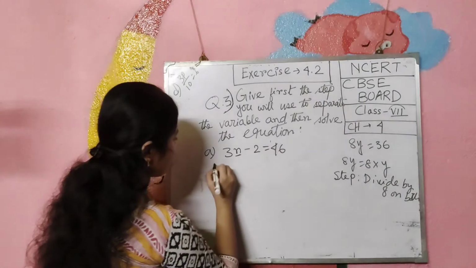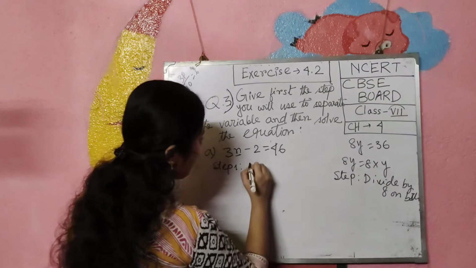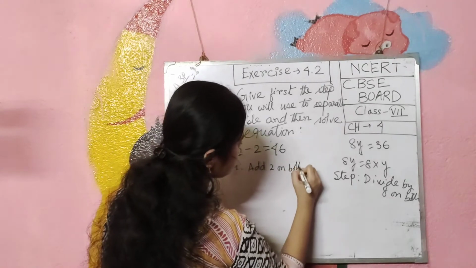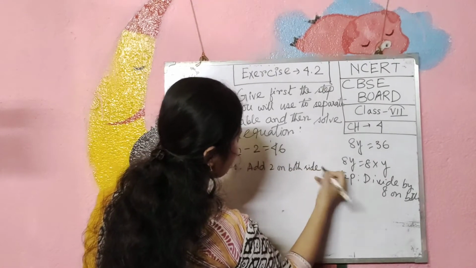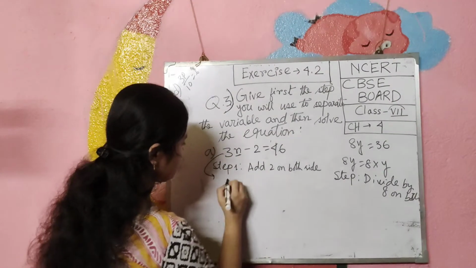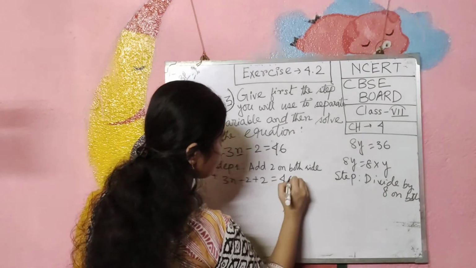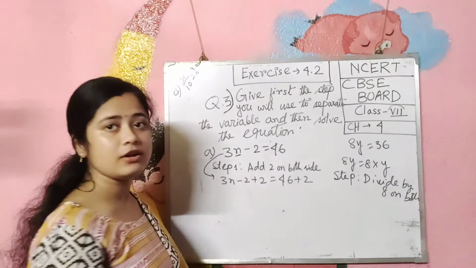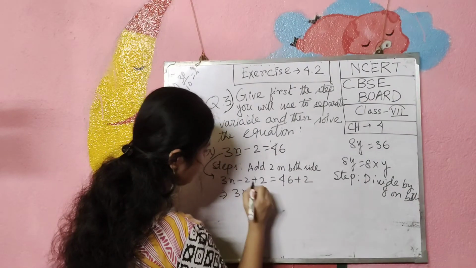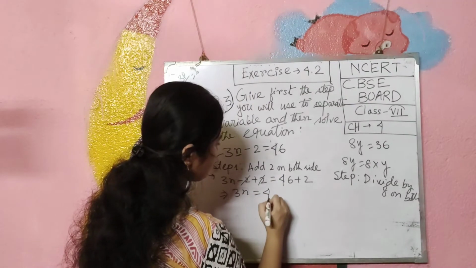So step number 1 is add 2 on both sides. The equation will be 3n minus 2 plus 2 equals 46 plus 2. Then minus 2 and plus 2 will vanish and your answer will be 48.